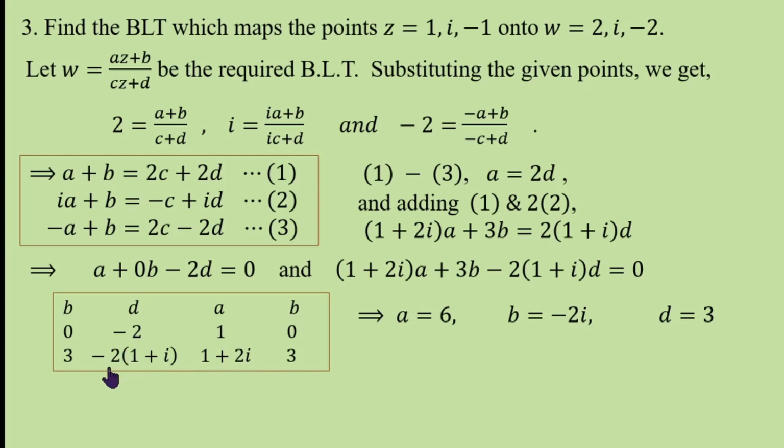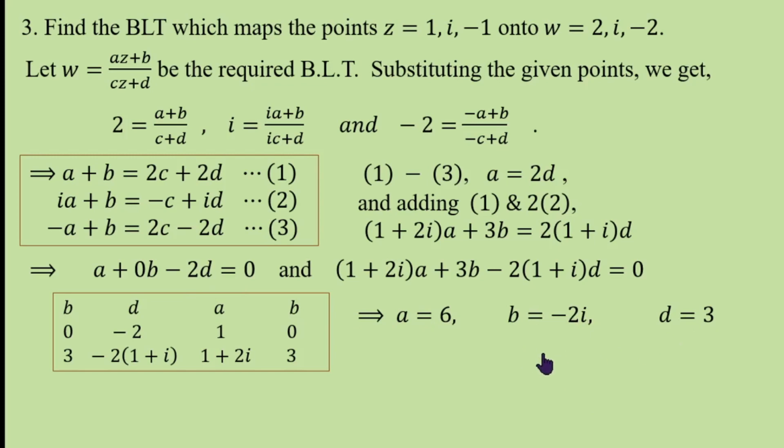Minus 2 and minus of minus plus 2 cancel. Therefore, it is minus 2i. And 3 minus 0, that is 3. D is 3. So a, b, d are 6, minus 2i and 3.